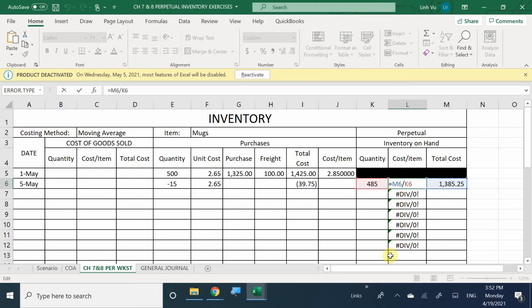Yeah, that's exactly what I did, and I'm coming up at 265. Did you expand it and everything? To 265? How did you get 265? Did you use the 1385.25, right? And the 485?